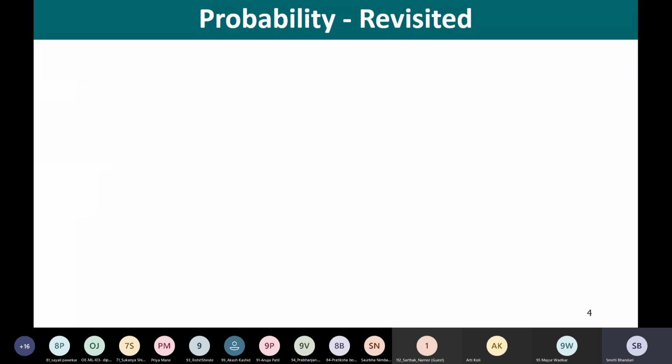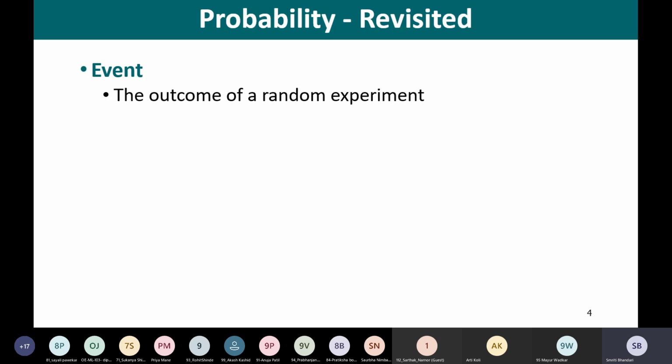So let's begin with the probability theory. I know you must have learned statistics and probability, and you know all those concepts, but let us revise them. So what is an event? The outcome of a random experiment is known as an event.